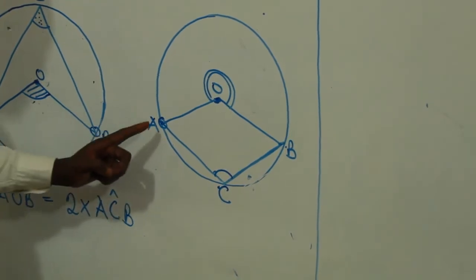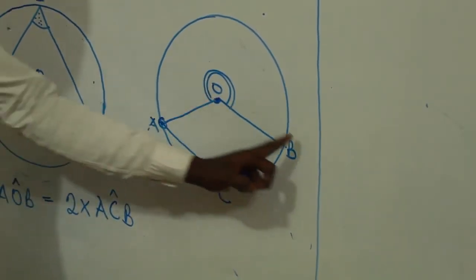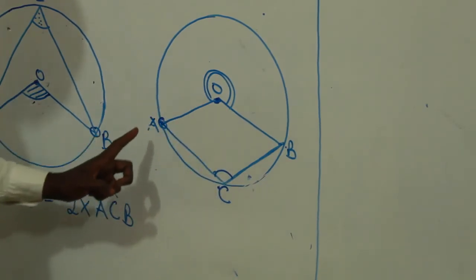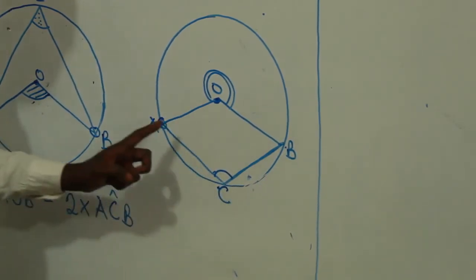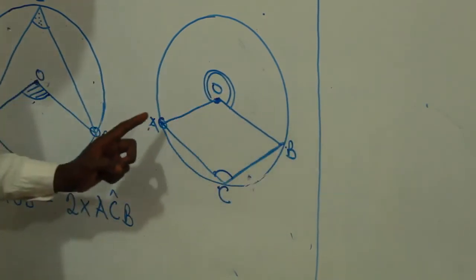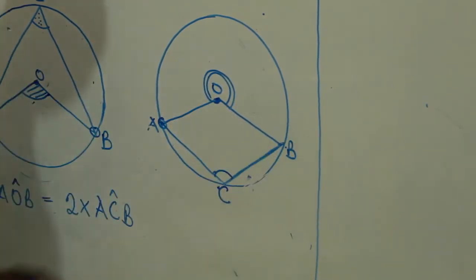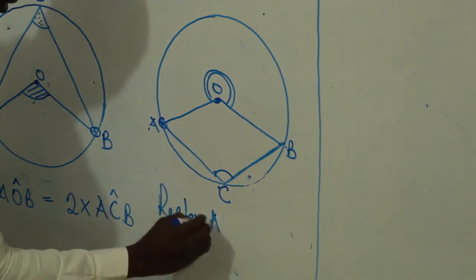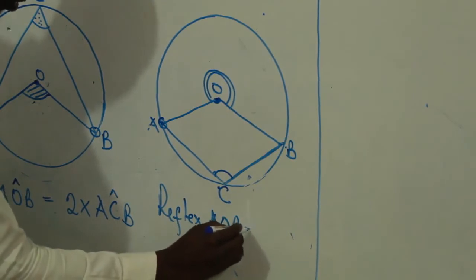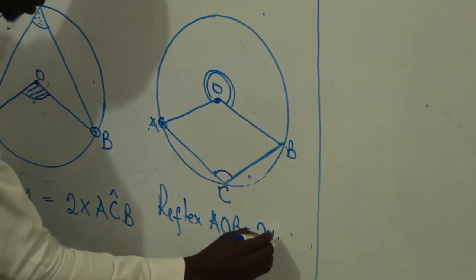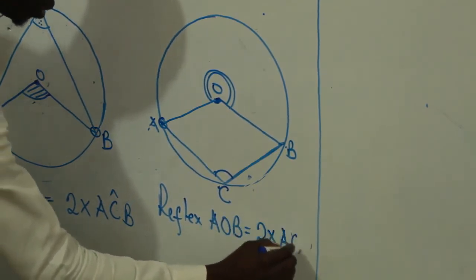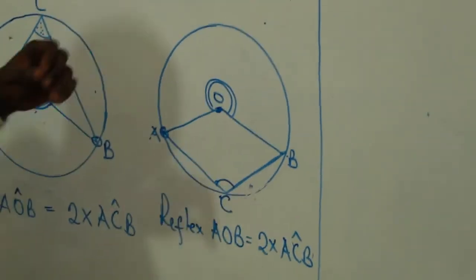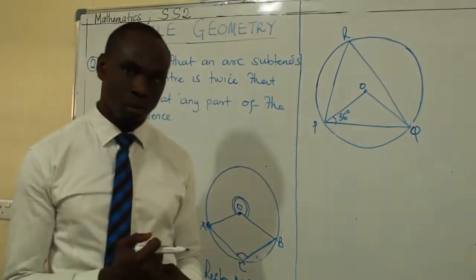I can say that reflex AOB is twice the angle formed at C. So reflex AOB is equal to 2 times angle ACB. So this is the second theorem for today's class.